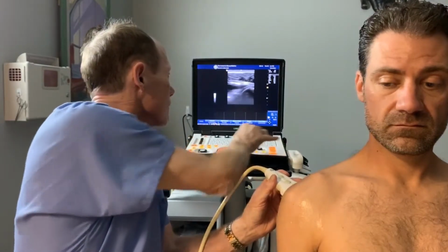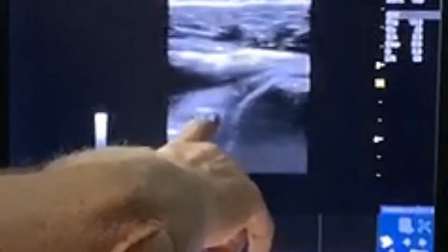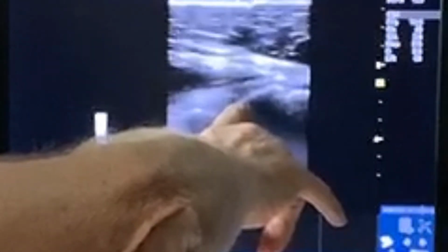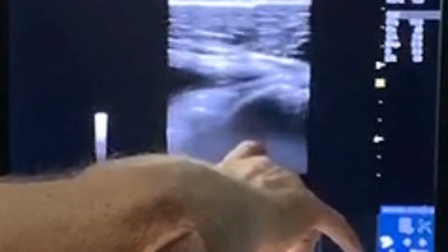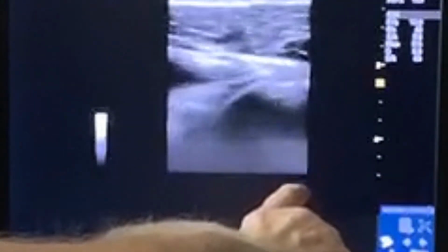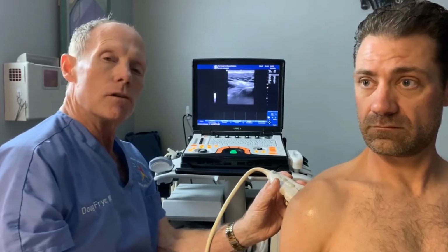Okay, so this is the back of the socket, and this is the humeral head. So go ahead and rotate a little bit. Like that. There you go. All right. Now, right there, you can see a lip, a triangle coming off that collapses some when he comes back into external rotation, and then extends when he goes back into internal rotation, and that's called the labrum.